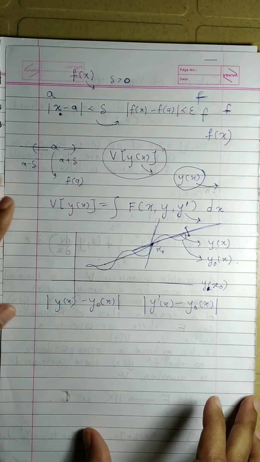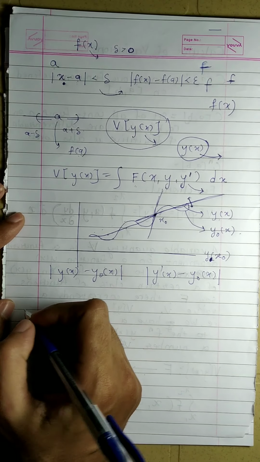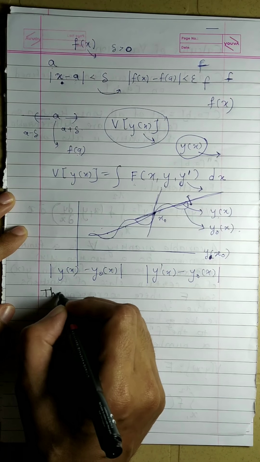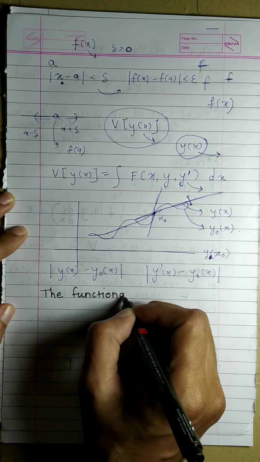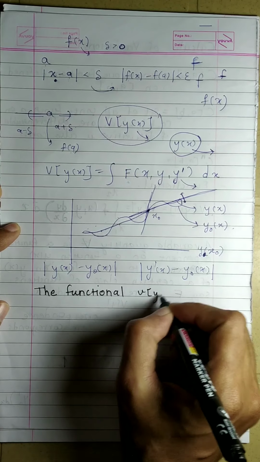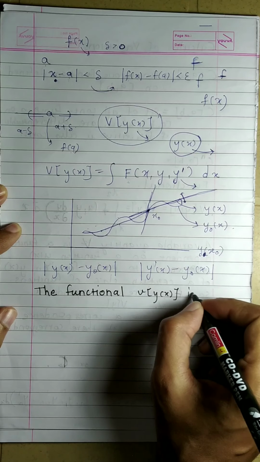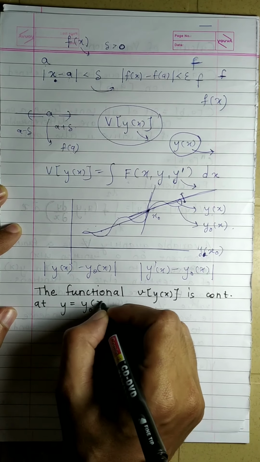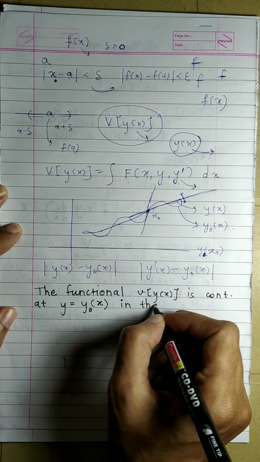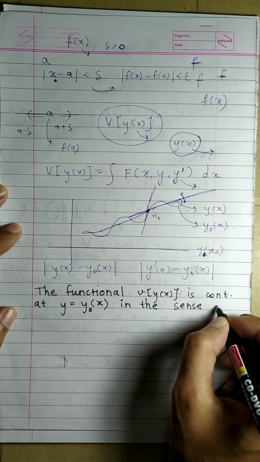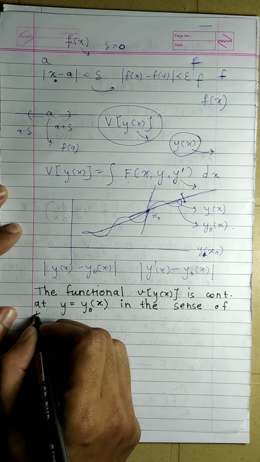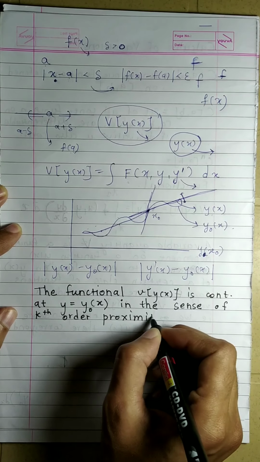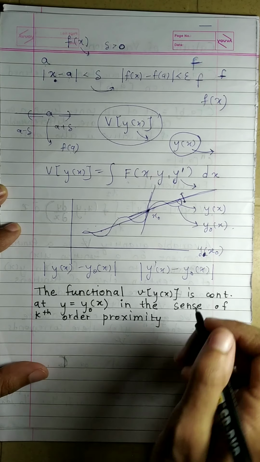Okay, so with all this, the continuity of a functional is defined as: the functional v[y(x)] is continuous at y equal to y naught of x in the sense of kth order proximity, meaning kth order closeness.